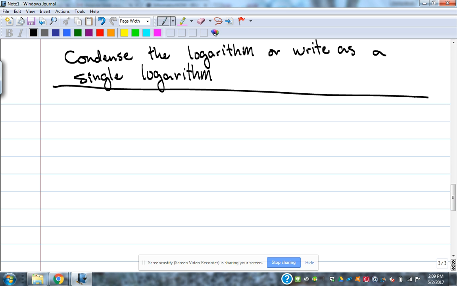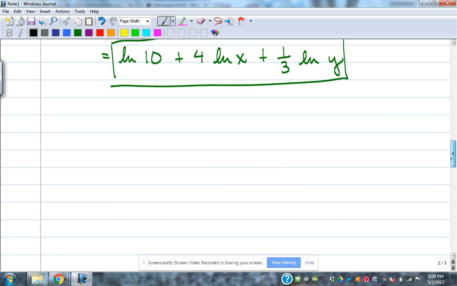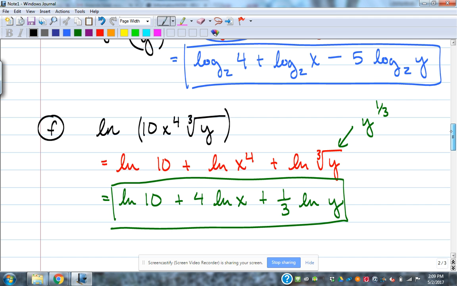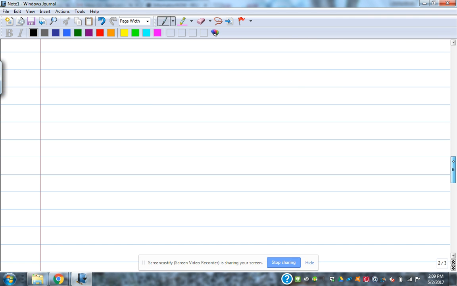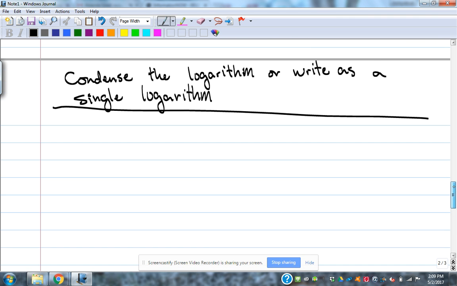So I think the write as a single logarithm may be how your book says it, but I call it condensing because you're taking something that's expanded out and trying to make it into something smaller. So you're condensing that. All right. So the original problems are going to look like the answers we got up here. The original problems are going to start out in that kind of style.